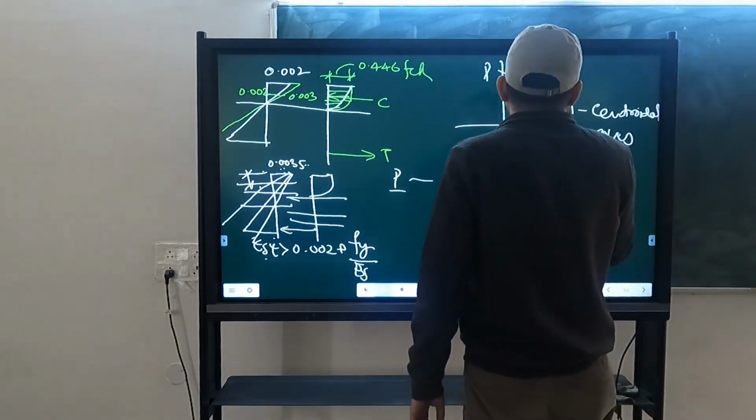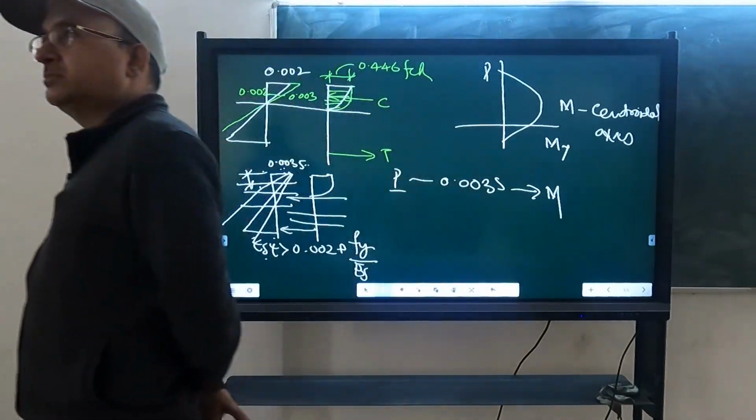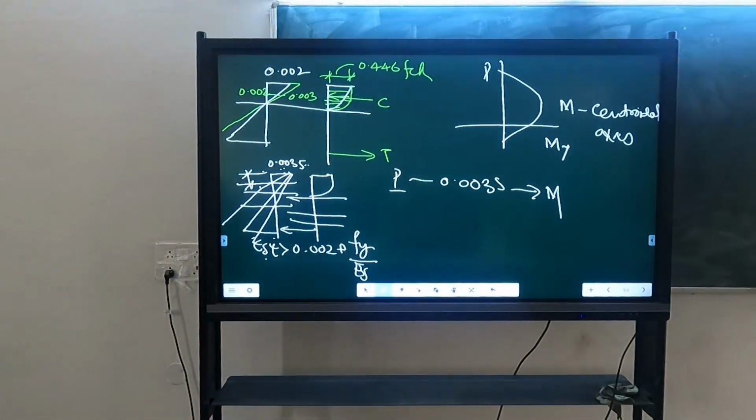So this is P and this is My. How do we define My? Not moment about y-axis, this is yield moment. So yield surface means the plot of axial force versus yield moment. So yield moment depends on axial force.